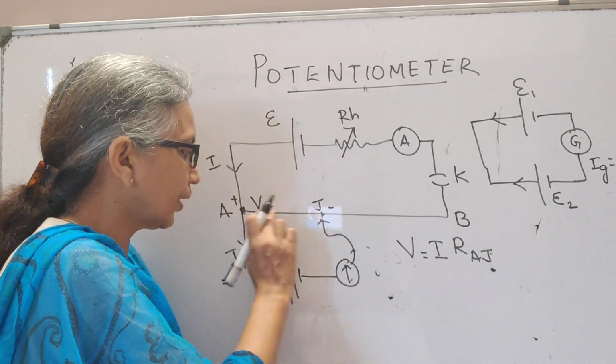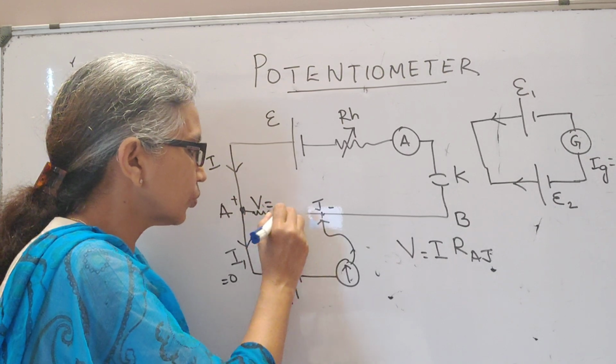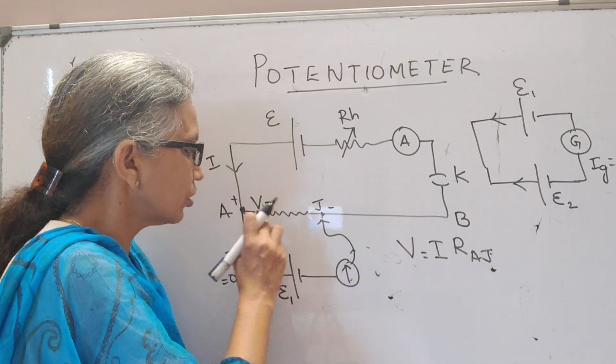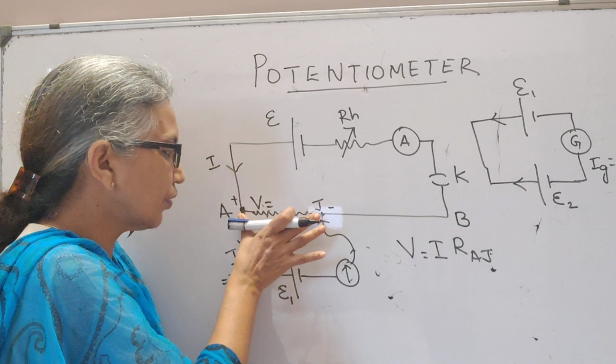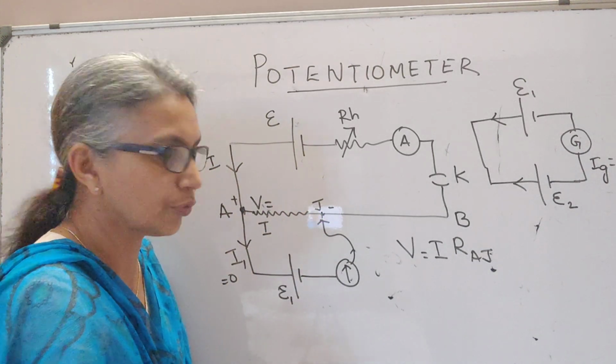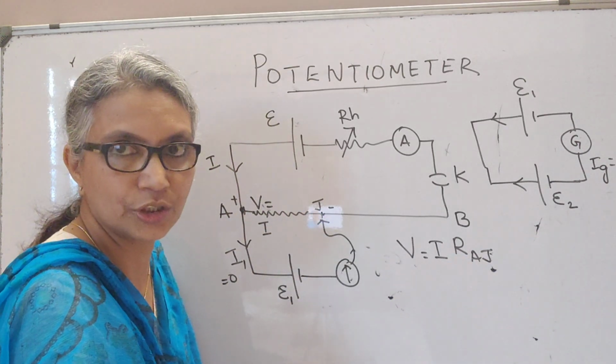This is a high resistance wire, the whole potentiometer wire. So I into whatever resistance is offered by that much length of wire is what I would call R_AJ.